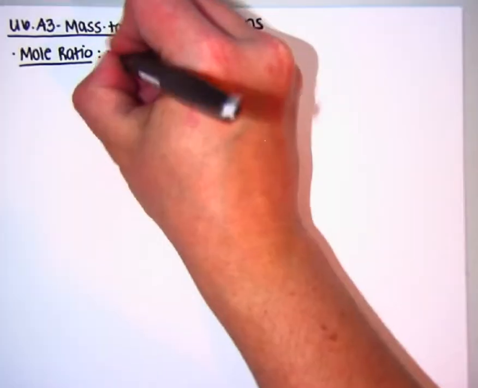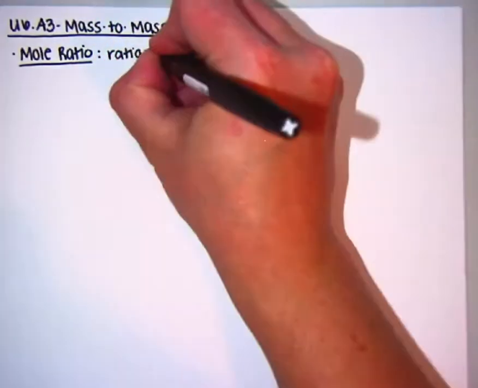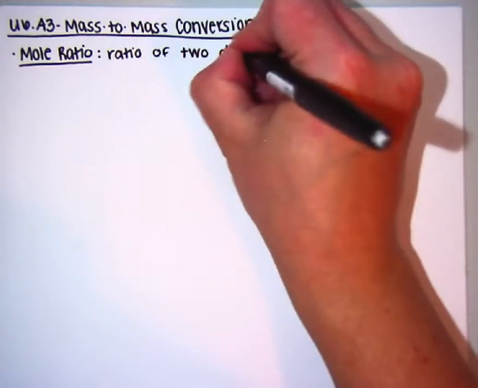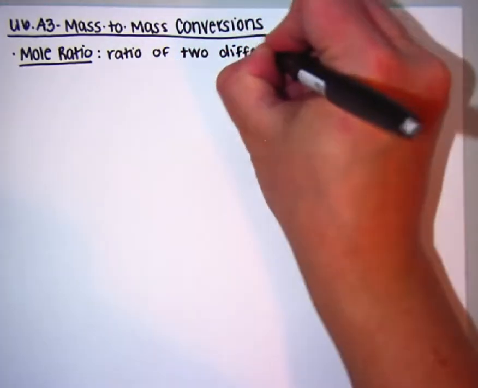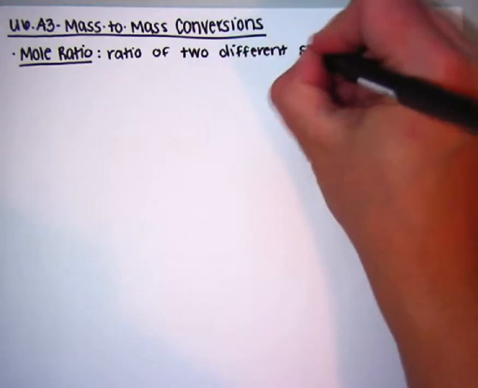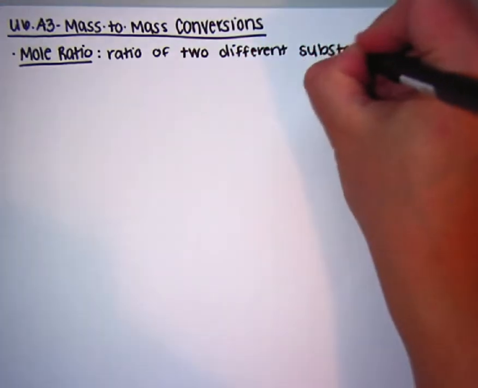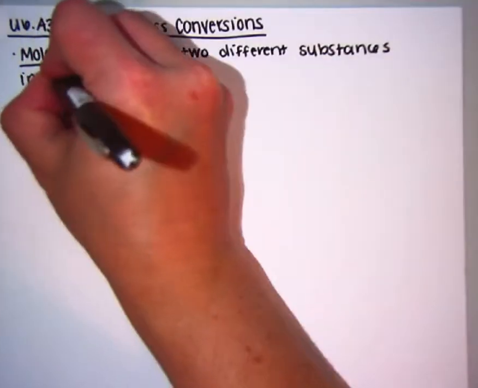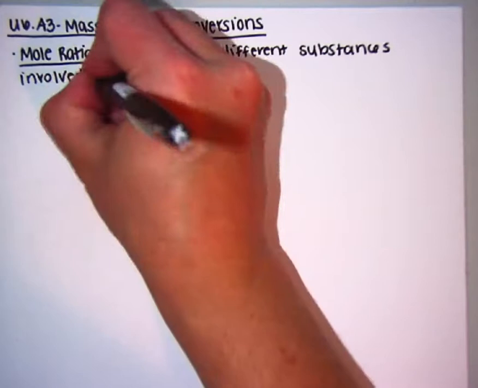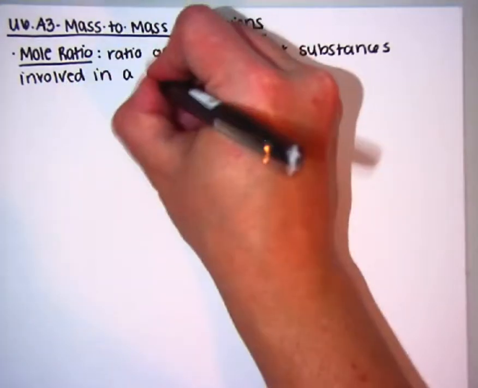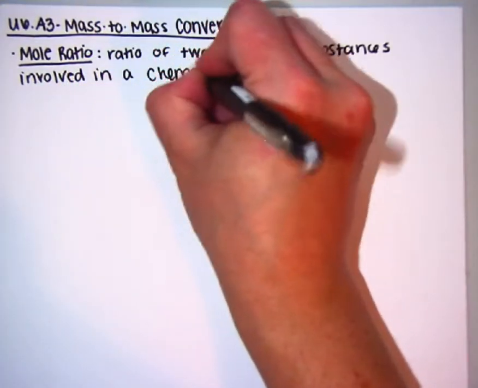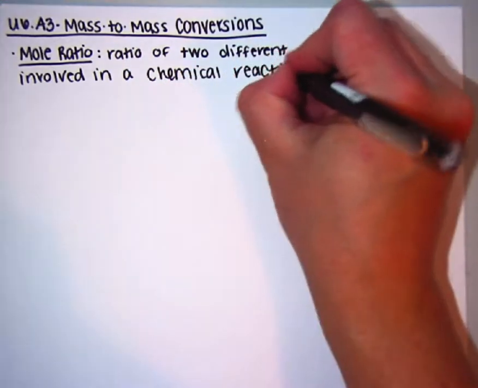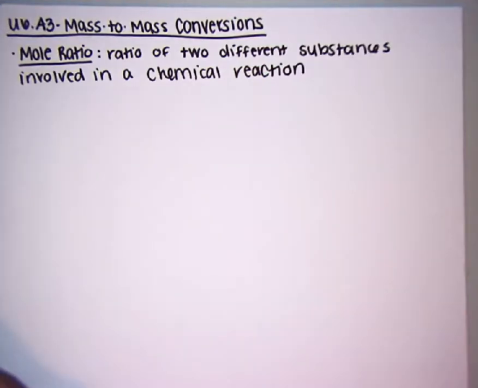A mole ratio is the ratio of 2 different substances involved in a chemical reaction.